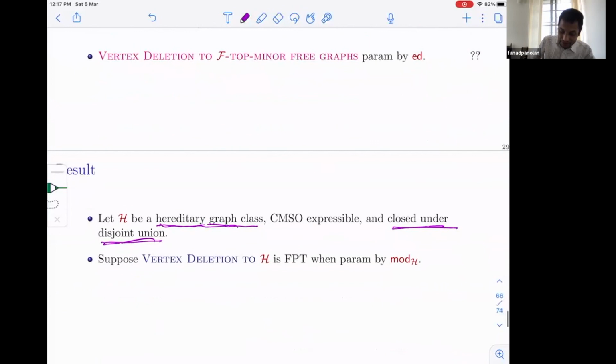So CMSO because of Lokshtanov et al., and hereditary and closed under disjoint union because we need those to prove the correctness of our algorithm.